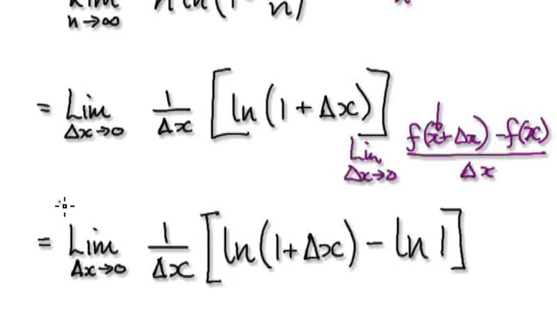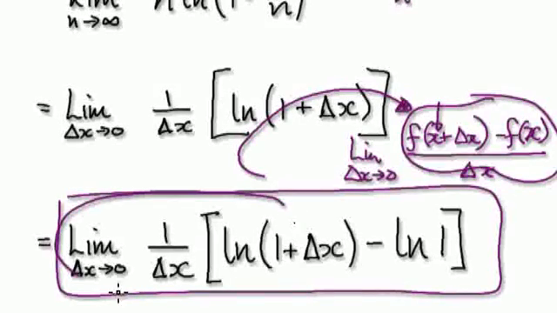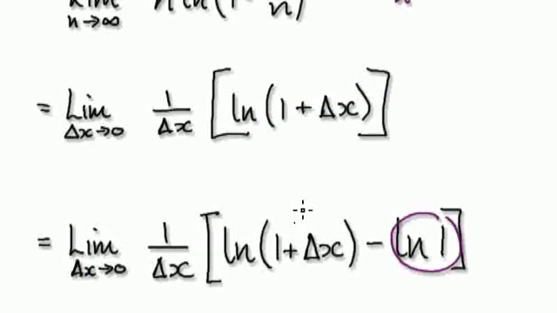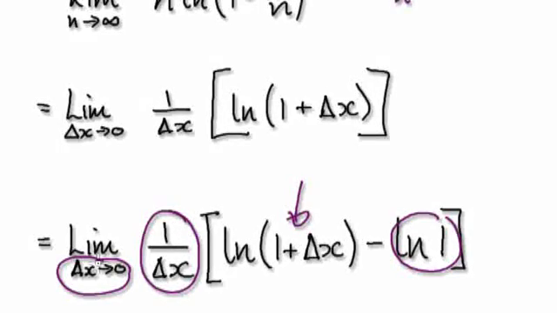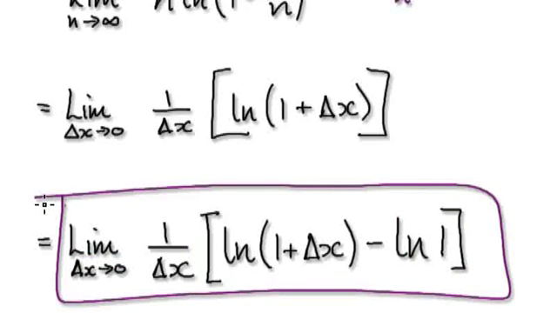So while looking at this here, you have to train yourself to be able to spot there is a similarity between this and this here. Looking at this here, you've got the original, and then original plus a tiny bit, and then divided by delta x, and then delta x tends to 0. You've got to train yourself to be able to recognize this.